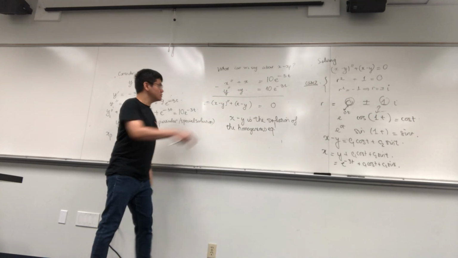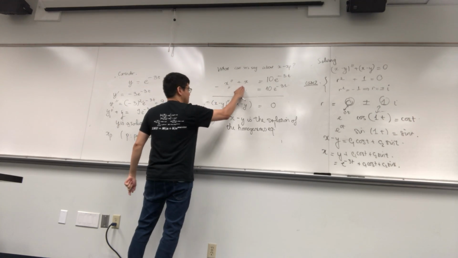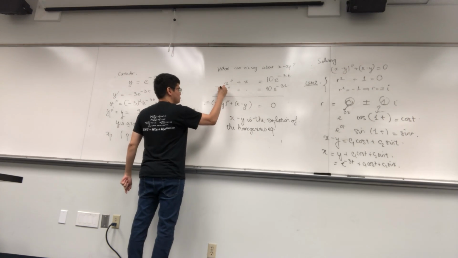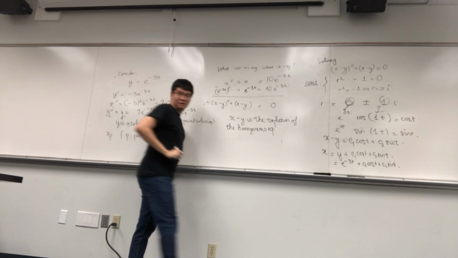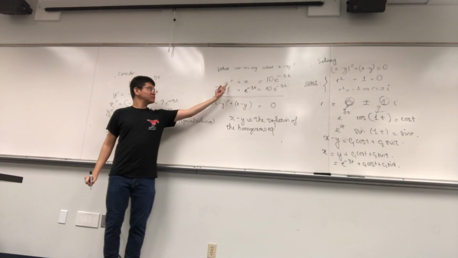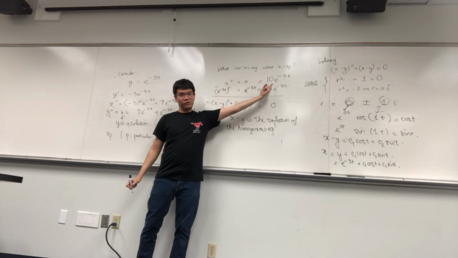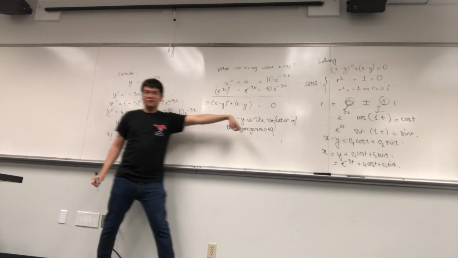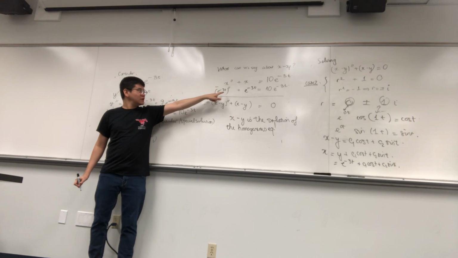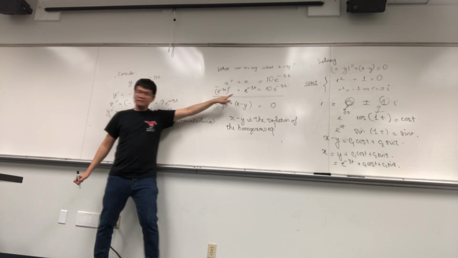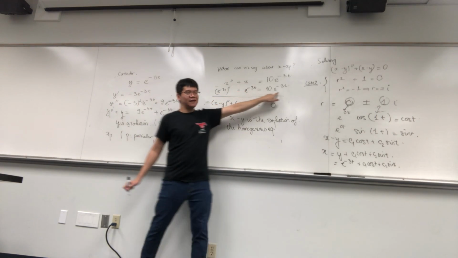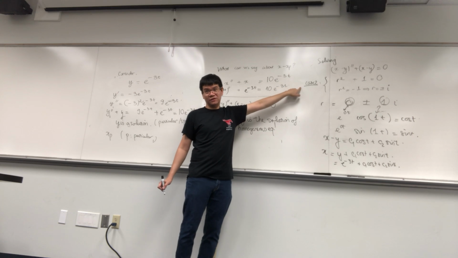So you want to solve x second plus x equals 10 times exponential of minus 3t. I found one function, exponential of minus 3t, and when I take the second derivative of this plus this, I get 10 times exponential of minus 3t, right?